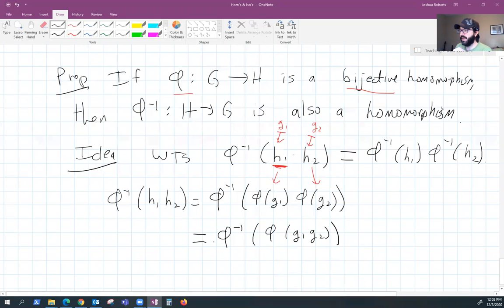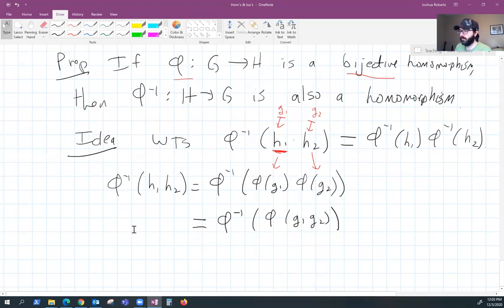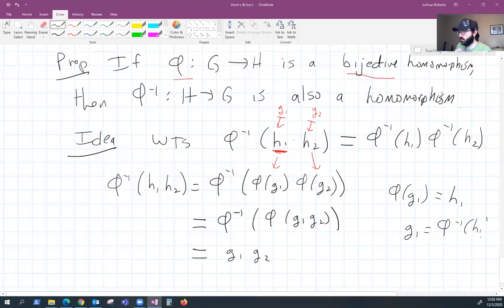So that means I can cancel out phi inverse and phi as functions because they're inverse functions of each other. So this is going to just be G1 times G2. But remember how G1 and G2 were defined: phi of G1 is equal to H1. That means, thinking about this as elements of sets, that G1 is equal to phi inverse of H1.